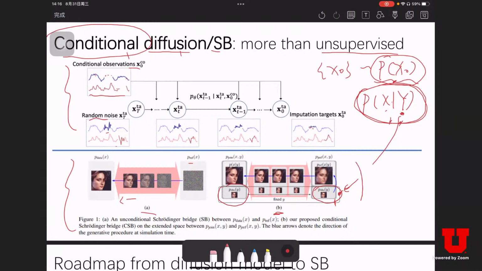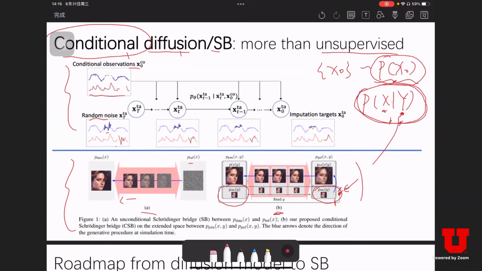This task is called image super resolution. So it's conditional on your current low resolution image. So here is the Y, and the final X, and the conditional distribution is the distribution based on your current low resolution to the target high resolution, and the transition still uses the diffusion model, the Schrödinger bridge.